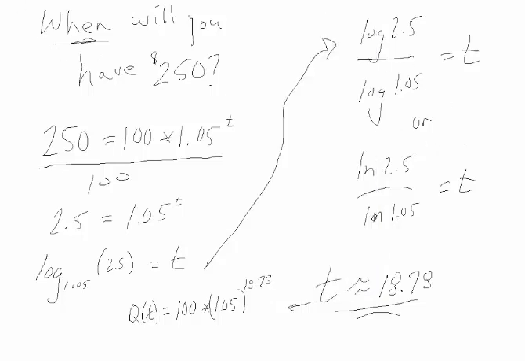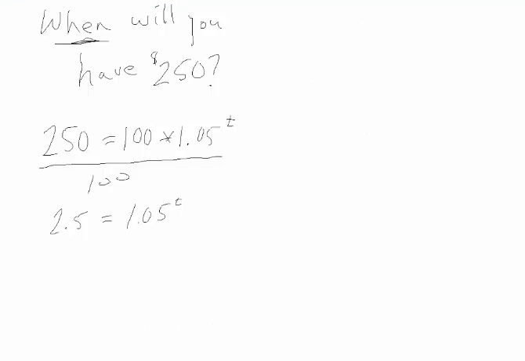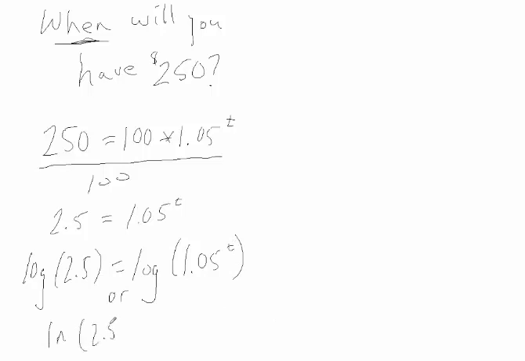Another thing you can do to solve this problem is taking logarithms on both sides. So you can take logarithm on this side, logarithm on this side. Or likewise, you can take natural log on both sides.